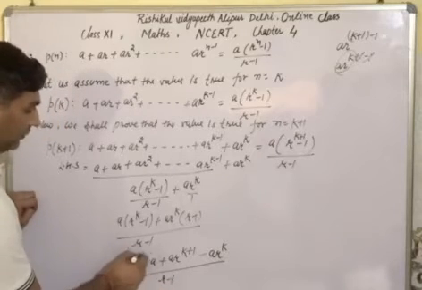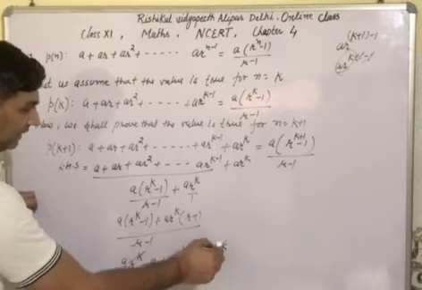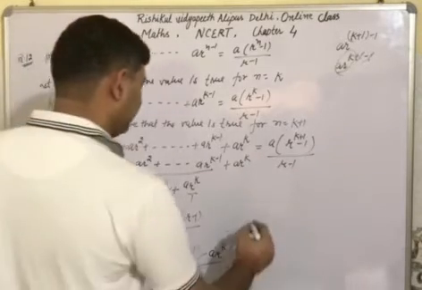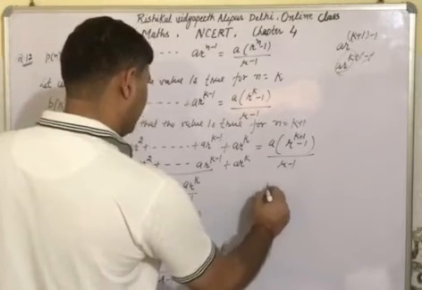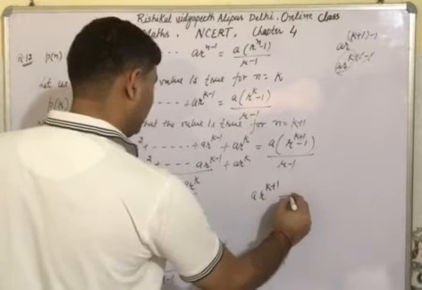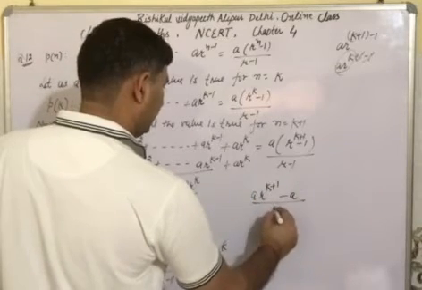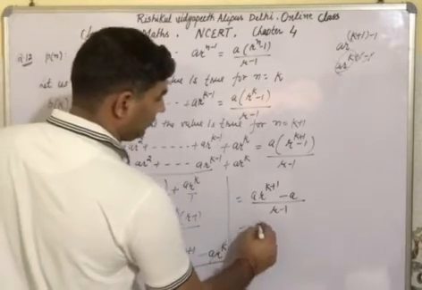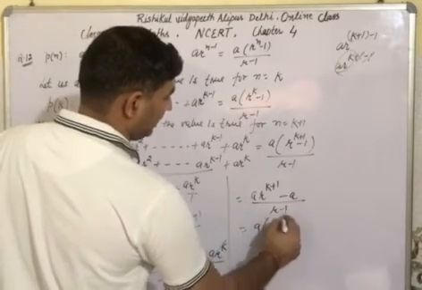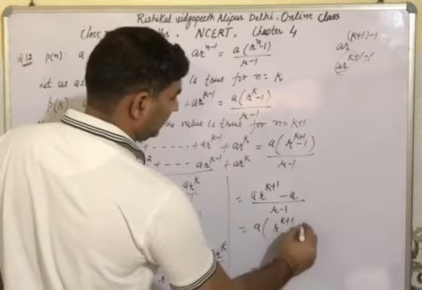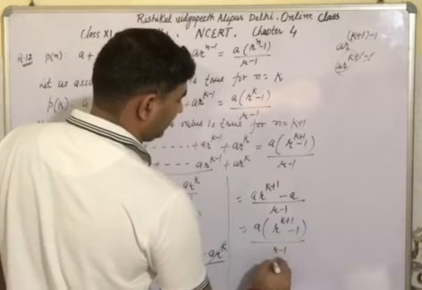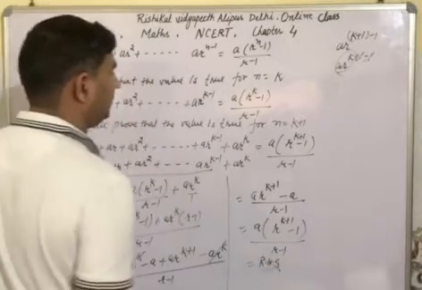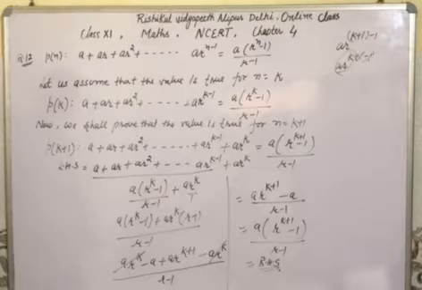The ar raised to power k is positive and the ar raised to power k is negative, so they cancel out. Then we get ar raised to power k plus 1 minus a upon r minus 1, and a is the common term: a into r raised to power k plus 1 minus 1 upon r minus 1 is the RHS. Then the left hand side is equal to the right hand side.